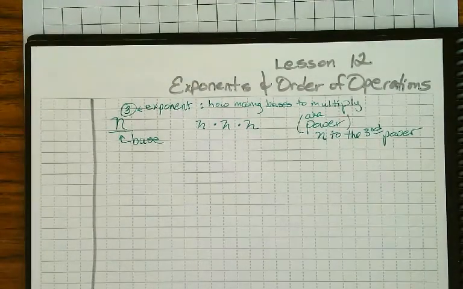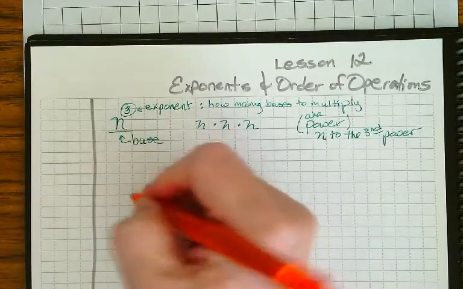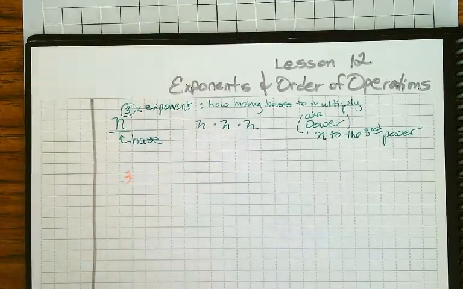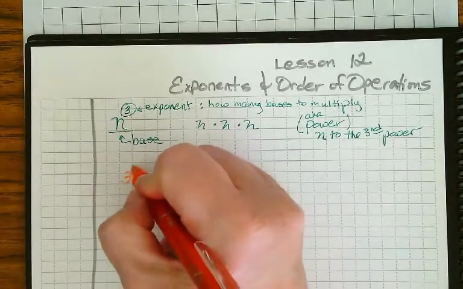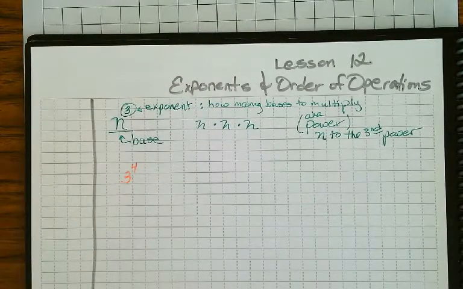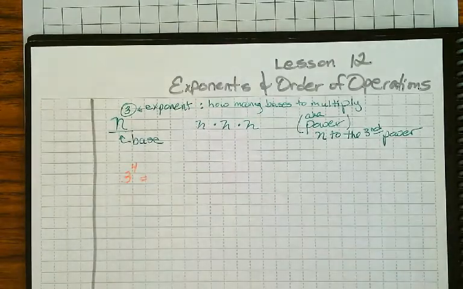And exponents are super duper easy. Like I said many times, and some of you just really think that I'm joking, but I'm not. So if I say 3 to the fourth power, you know it's all about that base.